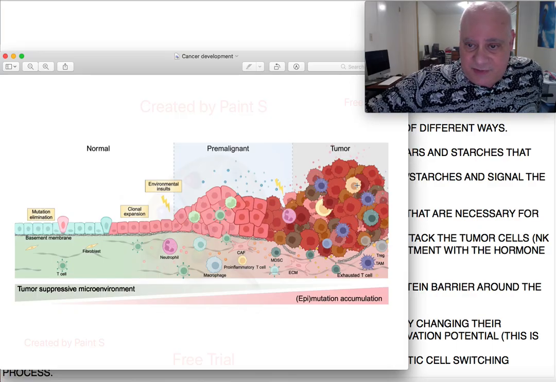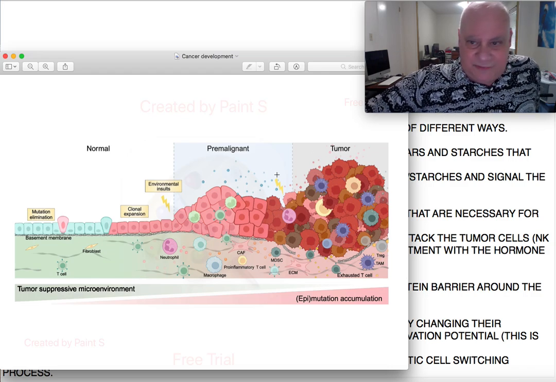And if we understand how our cancer cells are evading the immune system, or getting around the immune attack against them, then we can target this part. After the cancer's developed, maybe we can make it so that the immune system can see the cancer again and start killing the cancer cells.